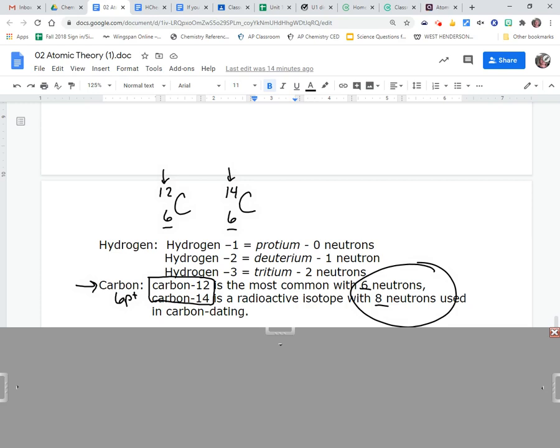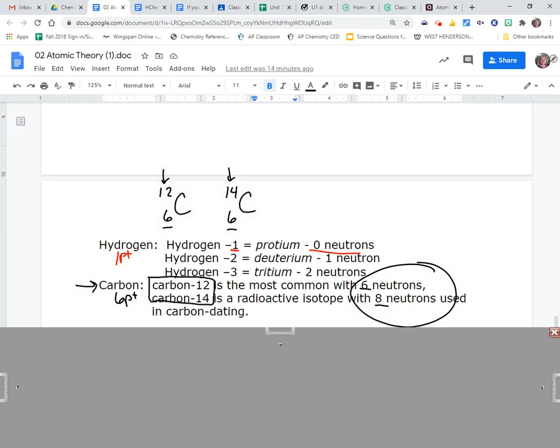Hydrogen also has isotopes. Lots of elements have lots of different isotopes. Hydrogen-1: all hydrogens have 1 proton, but hydrogen-1 is its mass, so it actually has no neutrons, and that by far is the most common form of hydrogen.